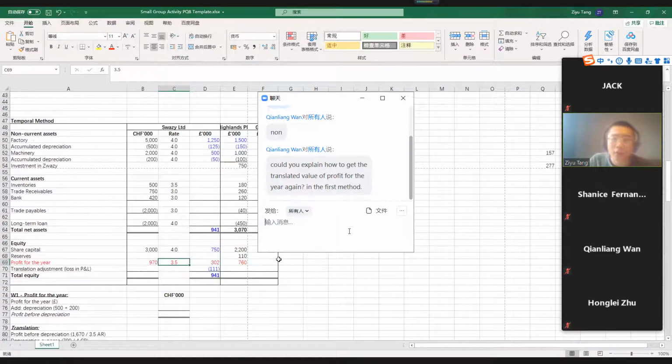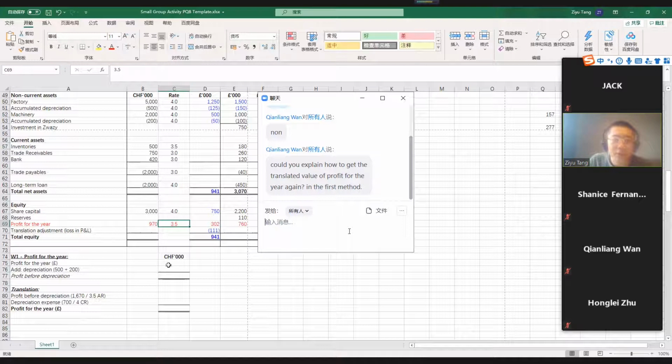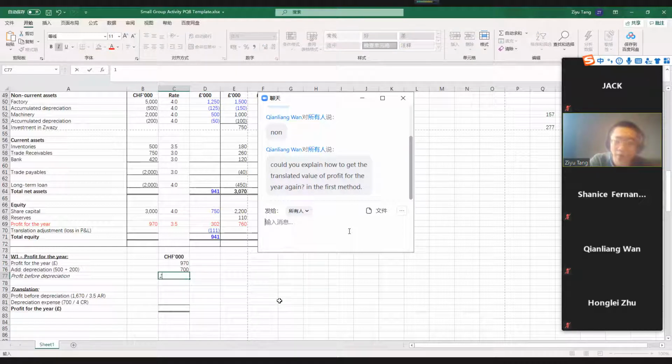So first, we calculate the profit before depreciation. If you use this table, profit for the year is 970, and depreciation is 700, right? So profit before depreciation is 1,670.